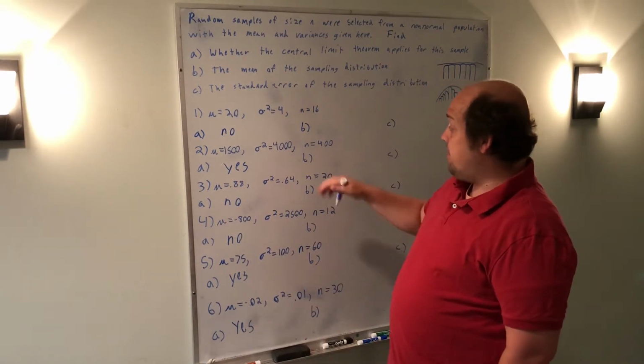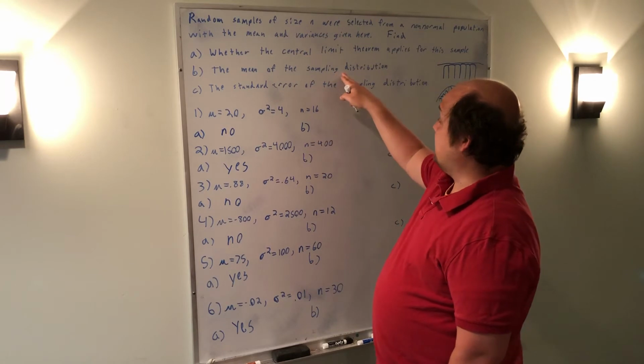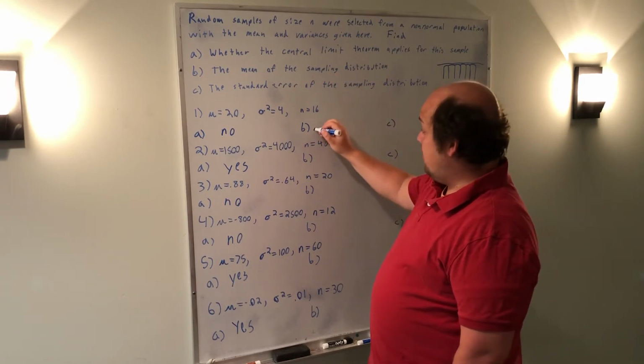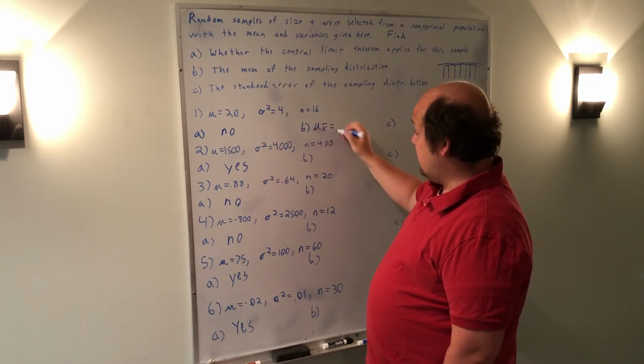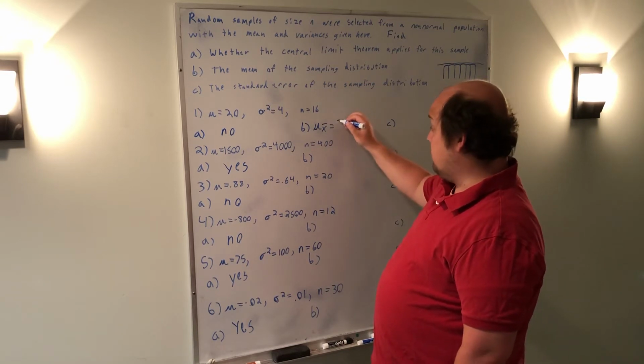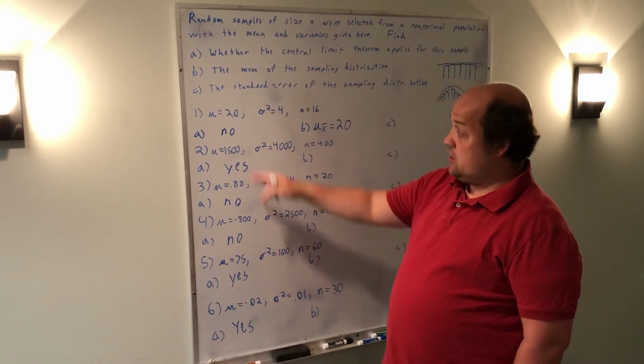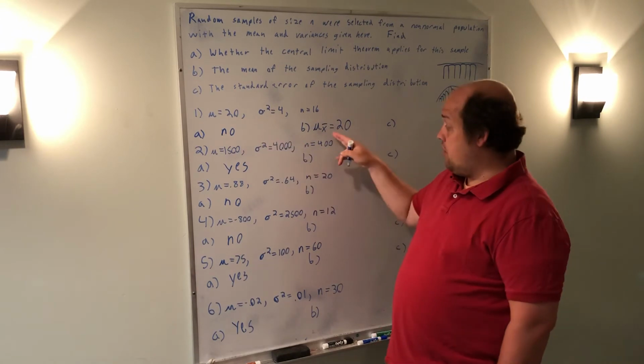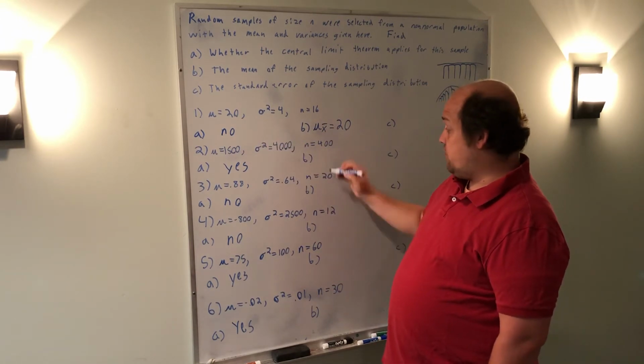This is all to say that for part B, where I'm asking the mean of the sampling distribution, the mean of the sampling distribution x bar just equals whatever the original mean was. So if they gave me the mean was 20 here, the mean of the sampling distribution is 20.